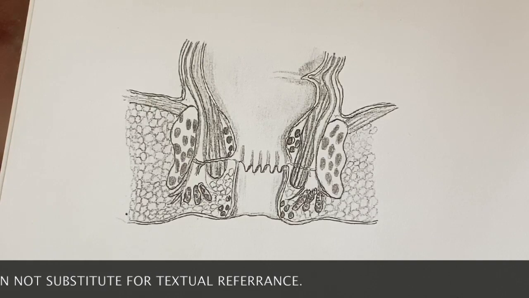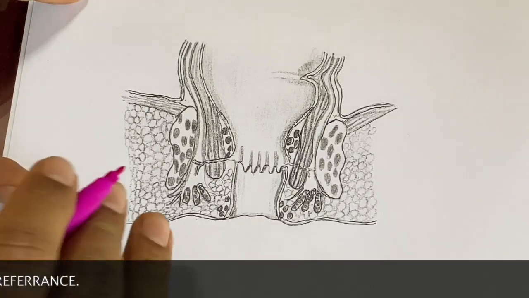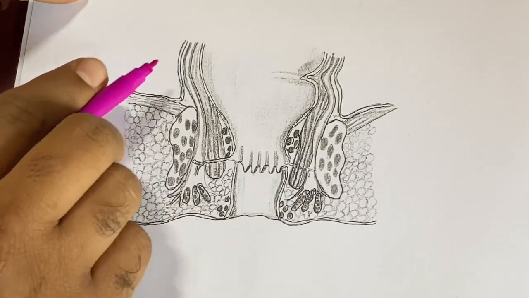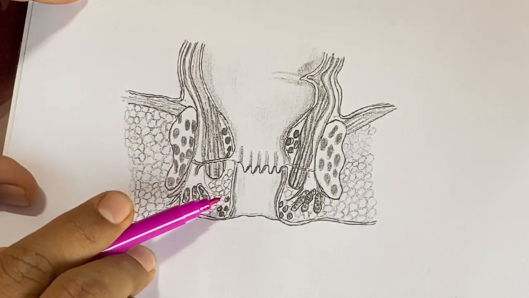So before entering into hemorrhoids, this is the cross section of the rectum and anal region.